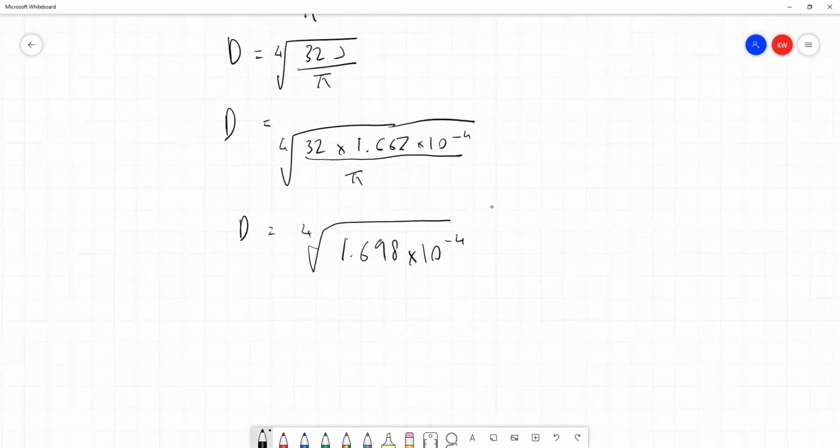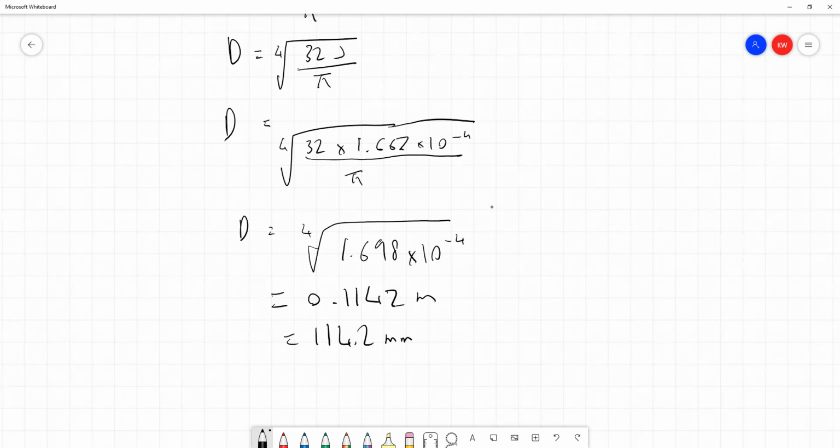But by putting the 4th root into the calculator, what you'll get is 0.1142 meters, or if we put that in millimeters, 114.2 millimeters, which actually works out as the same answer in the course notes.